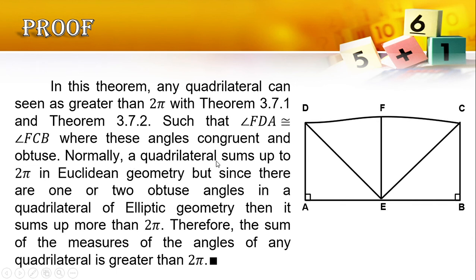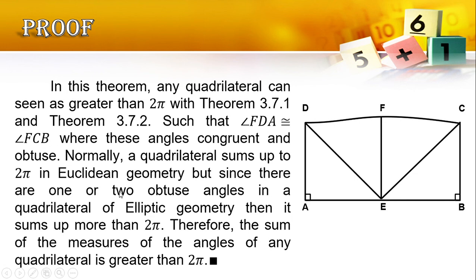Normally, a quadrilateral sums up to 2 pi in Euclidean geometry. But since there are one or two obtuse angles in a quadrilateral of elliptic geometry, if using a Saccheri quadrilateral, there are two obtuse angles. But if you use a Lambert quadrilateral, this side only, you can have one obtuse angle.